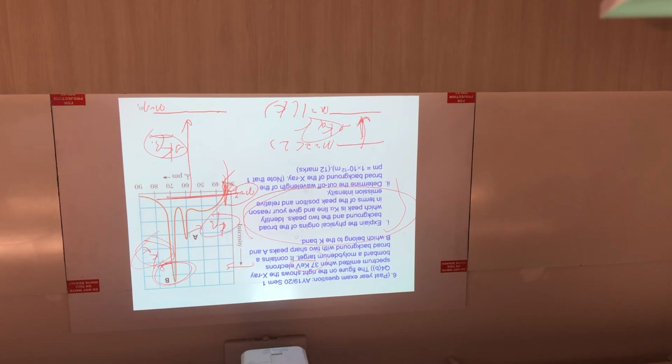However, for the K alpha line, the energy gap to bridge is smaller, so we have more probability. Therefore we are going to have more photons generated from the K alpha line, and therefore the intensity is higher for the K alpha line.